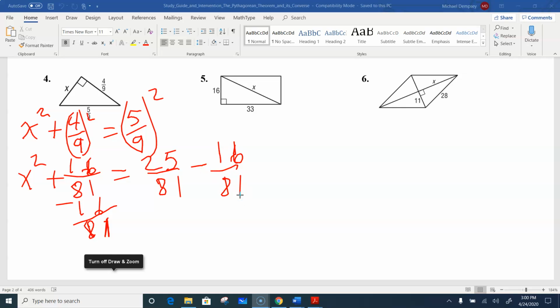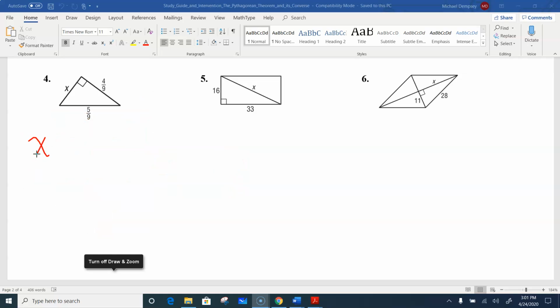So we have 25 minus 16. So x squared is going to equal 9 over 81. Okay. Which is 1/9.